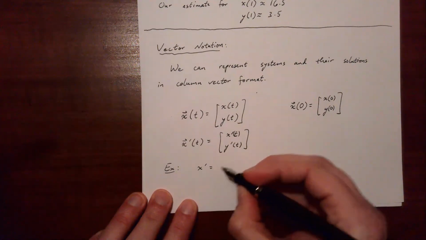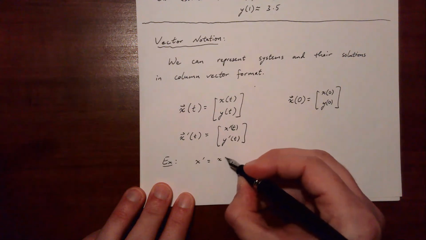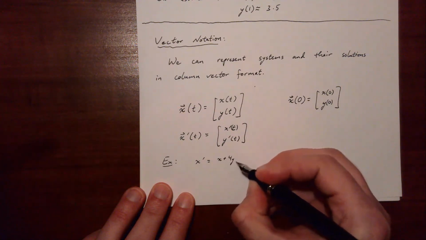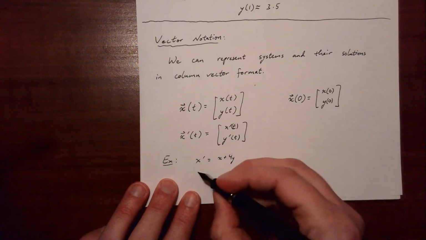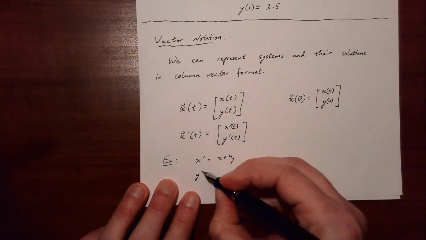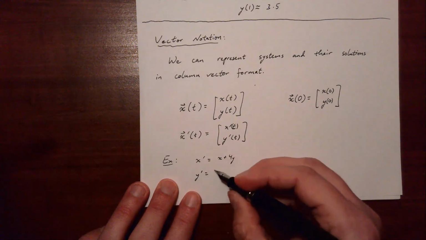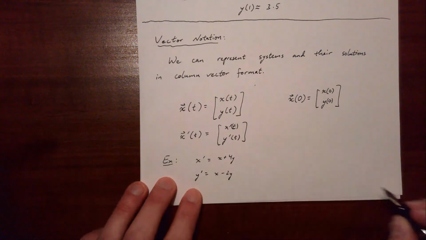So for example, x prime equals x plus 4y, y prime equals x minus 2y.